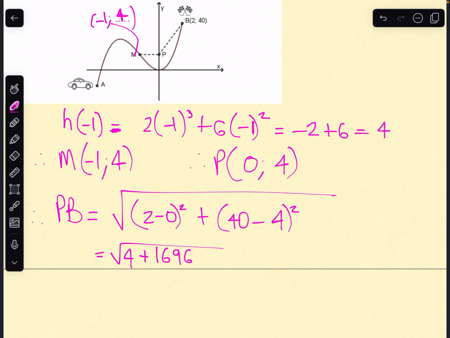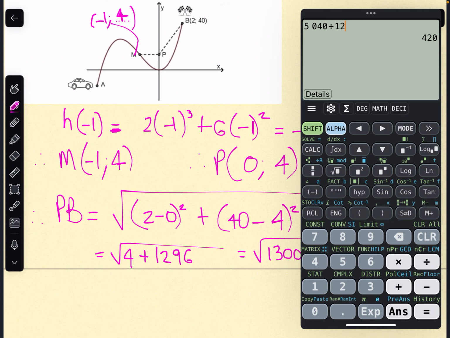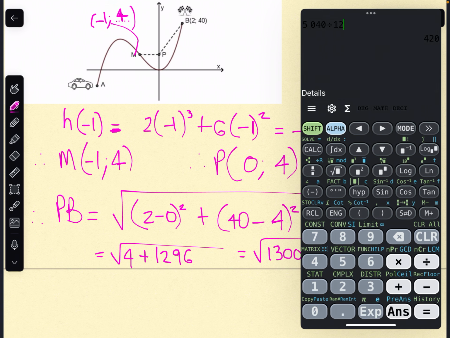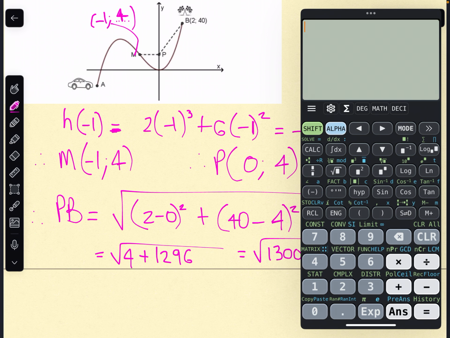Is that true? 1296, sorry. Okay, so that will be the square root of 1300. I thought the numbers were going to get better and better, but they're getting worse and worse. In surd form, that will just be 10 root 13.